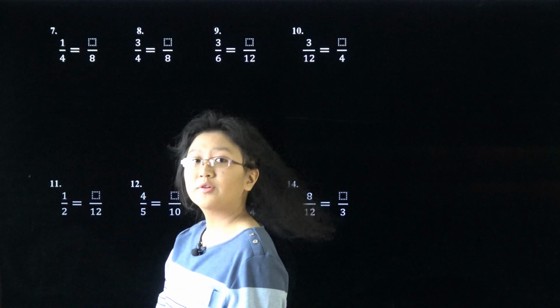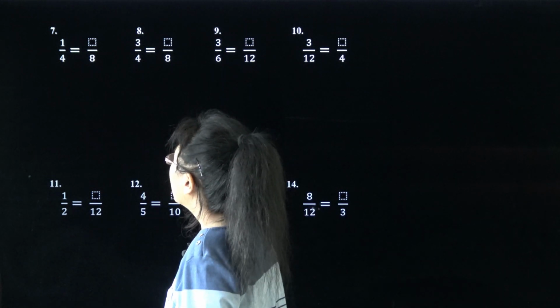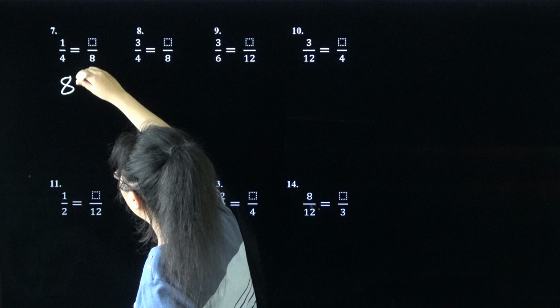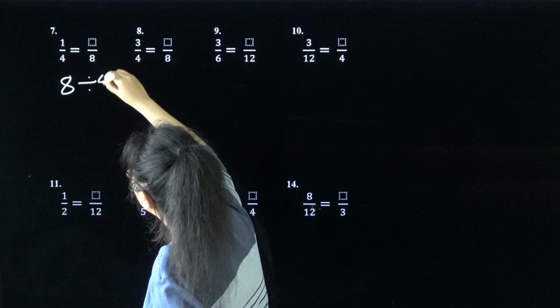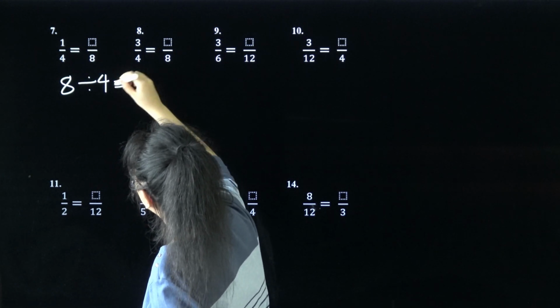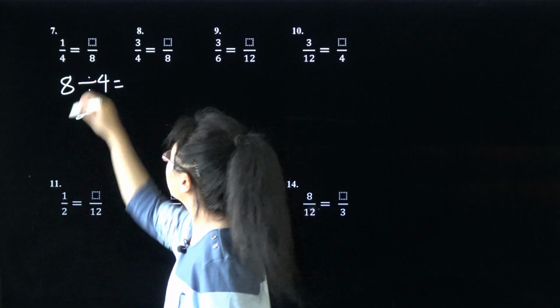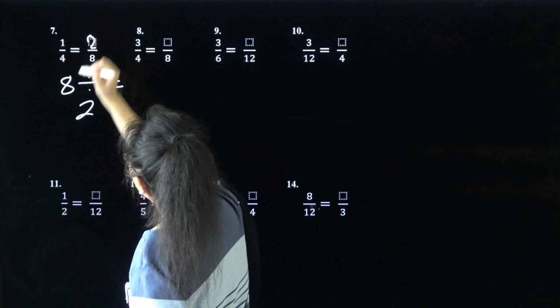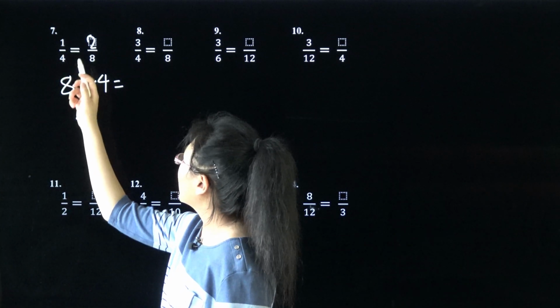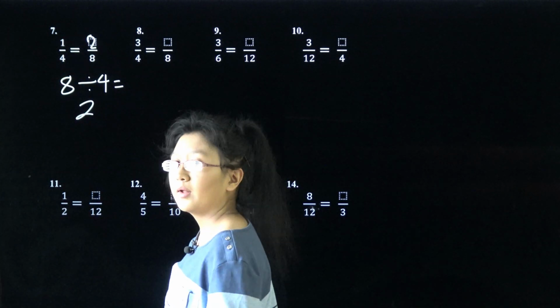1 over 4 equals to what over 8? So 8 divided by 4 is equal to 2. So what is 1 times 2? Well, 2. Since the numerator and the denominator are both multiplied by the same amount.